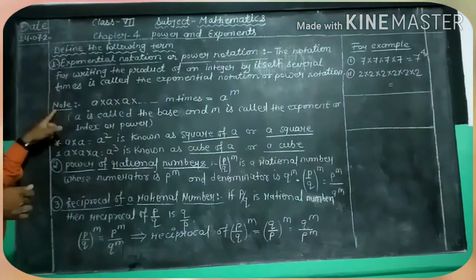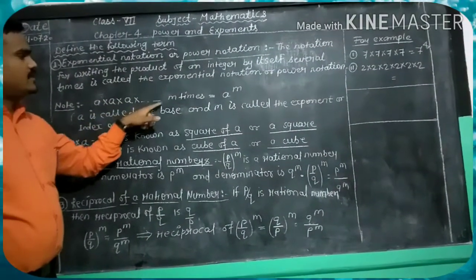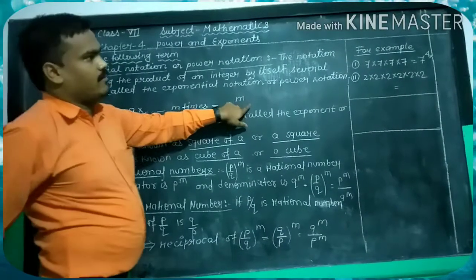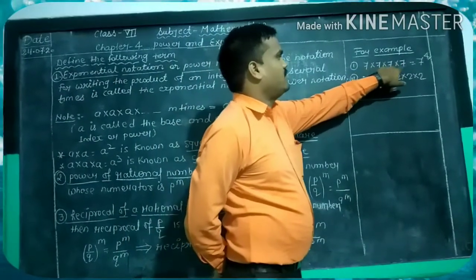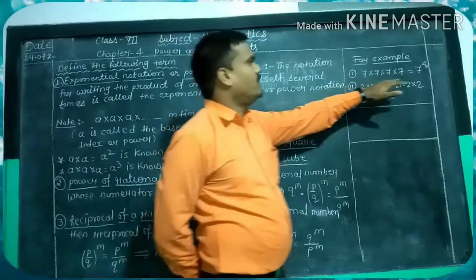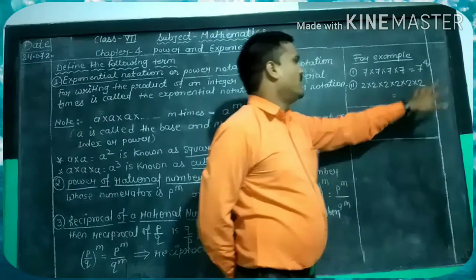Second point, see here, if a is multiplied m times, we can write it as a to the power m. Like here I have written 7 into 7 into 7 into 7. We have written 7 four times, so we can write 7 power 4.